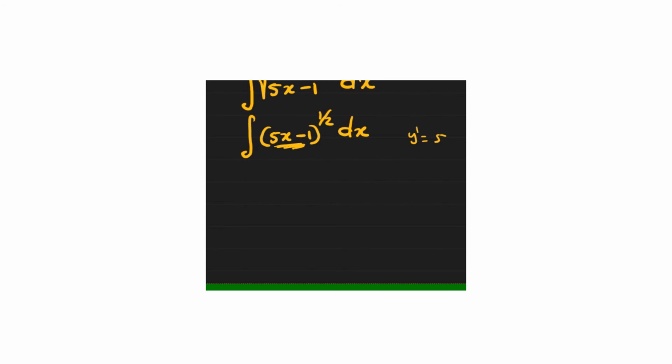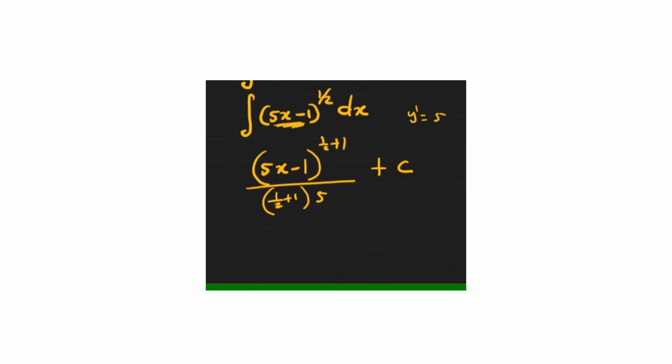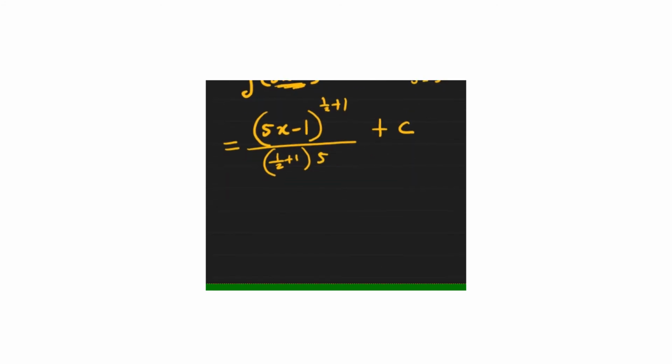So as I integrate it, it will be (5x - 1) to the power of half + 1 all over half + 1 multiplied by 5, plus c, our constant of integration.